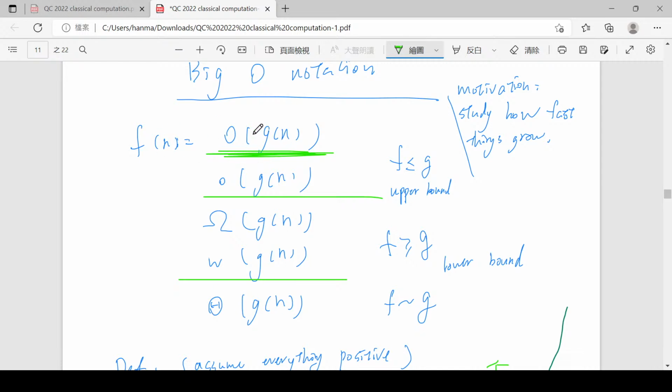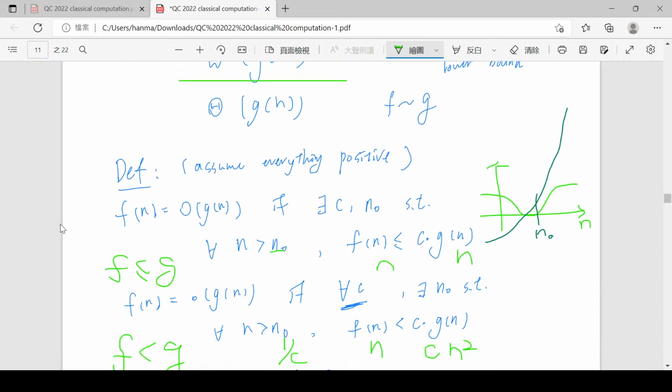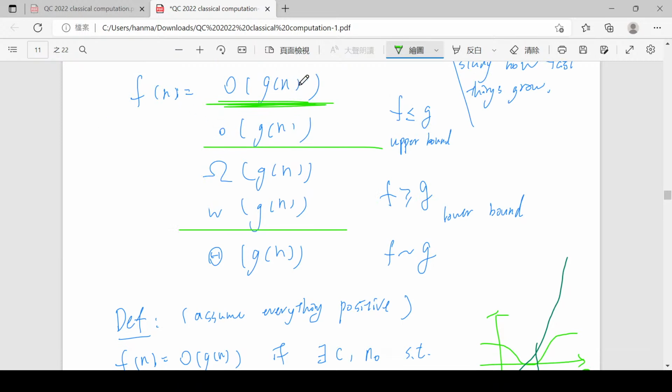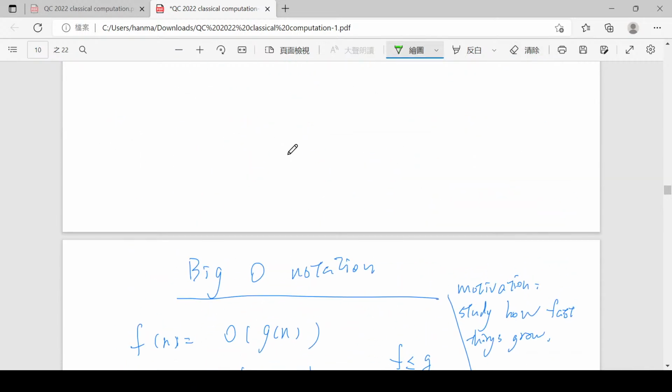Big O means G is bigger than or equal to F. I think in some of the lecture notes we also made this mistake, but it is a good habit to keep track of your own writing, to not mismatch big O and big theta. Okay, any questions about big O notation?